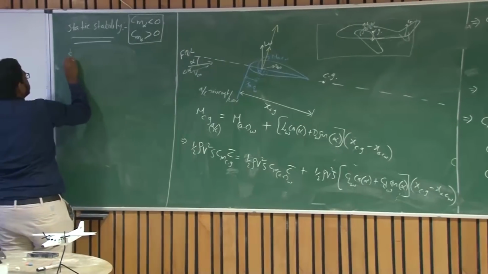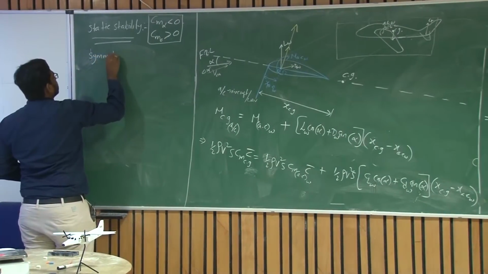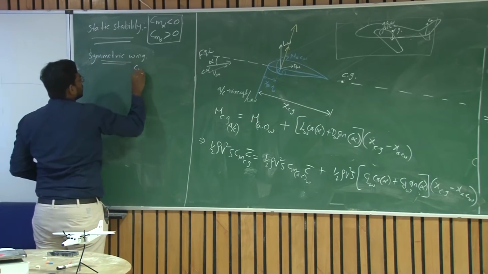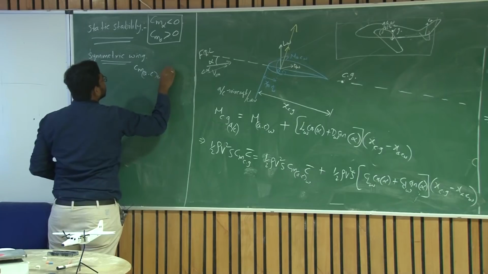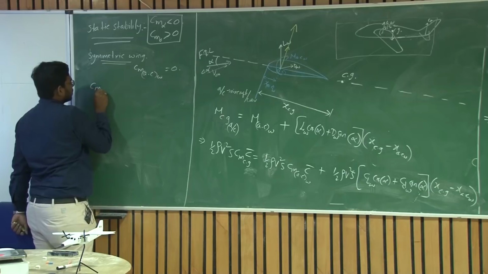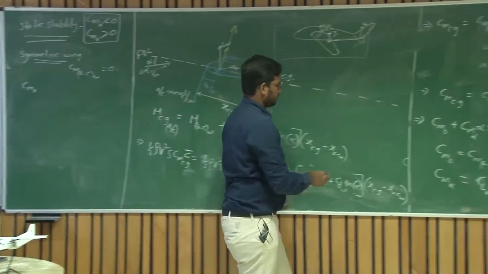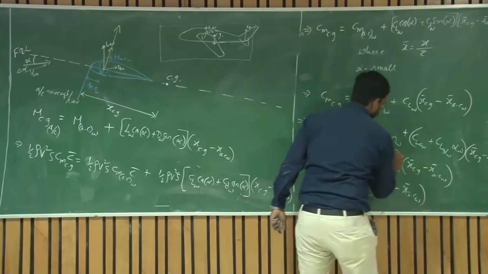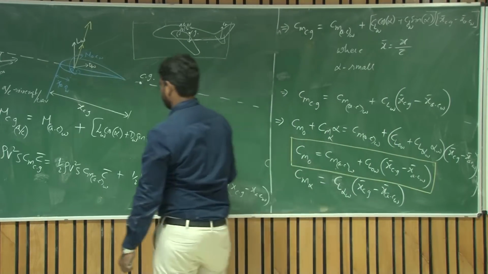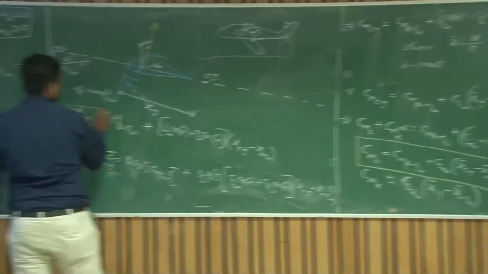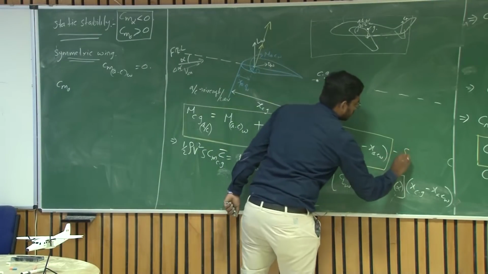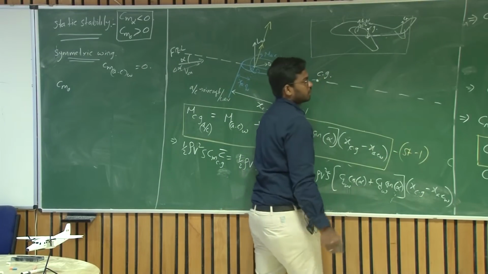So say if you have a symmetric wing, what you have is Cm about the aerodynamic center of the wing is 0, right? So in that case what happens? So this is your ST1 stability, right?